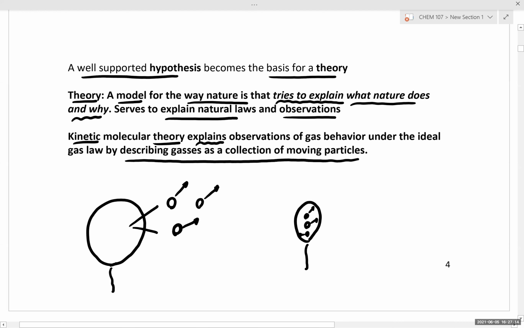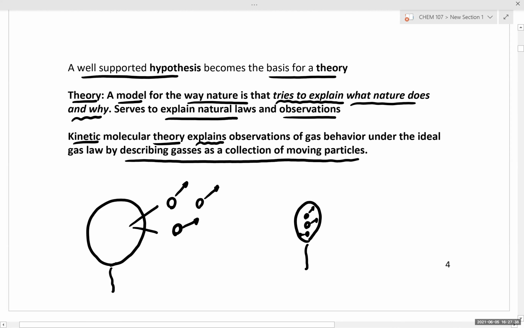So a law serves to summarize your observations and has predictive power, while a theory attempts to explain our observations and help us understand the world around us in a way where we can begin to predict what will happen when we make a change.